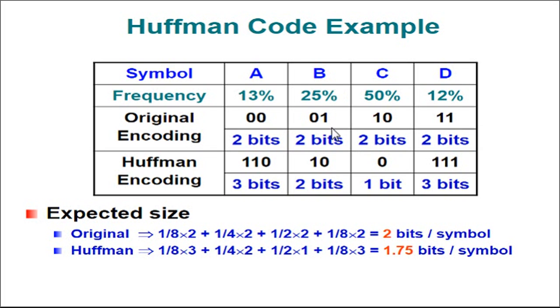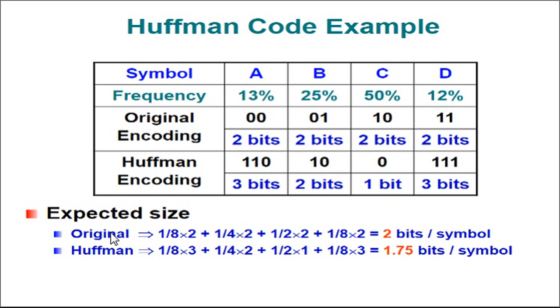Then symbol B is encoded with 2 bits, where again the probability of occurrence is better as compared to the remaining 2 symbols, and A and D have the least probability of occurrence, and hence the maximum number of bits are allocated to symbols A and D, that is 3 bits.